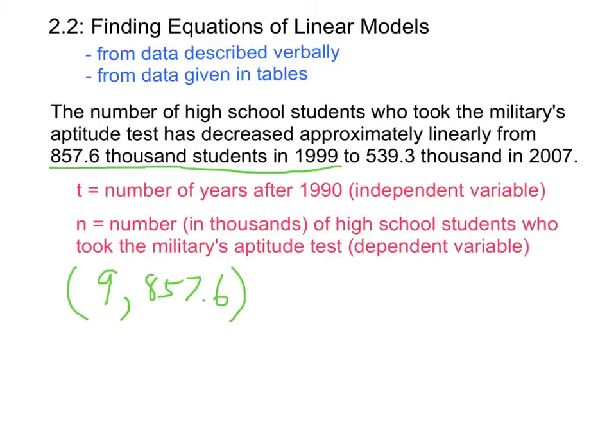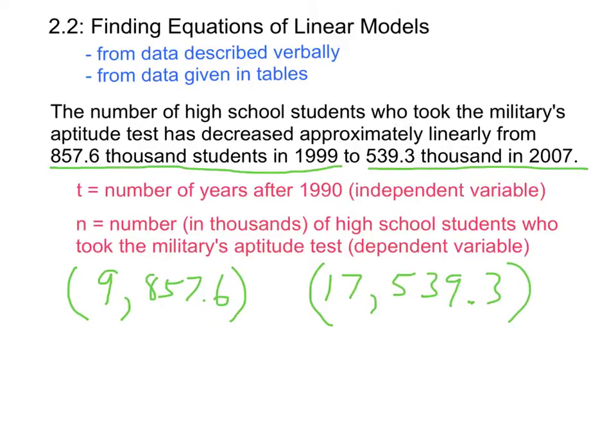Also, we know that the number was 539.3 thousand in the year 2007. Now 2007 would be a t value of 17, since that's 17 years after 1990, which is the reference point in this problem, and then the number was 539.3 in thousands.